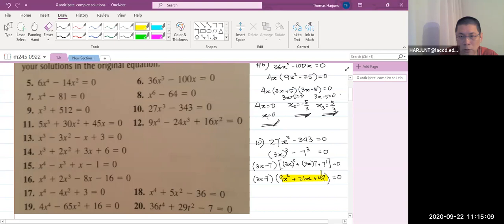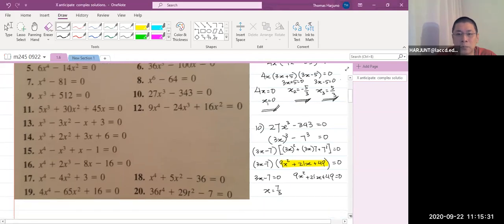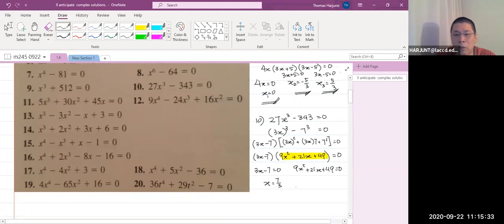In this case, I will solve that by formula. So 3x minus 7 equals 0, or 9x squared plus 21x plus 49 equals 0. This one is x equals 7/3. And for the other one, I will use the formula.